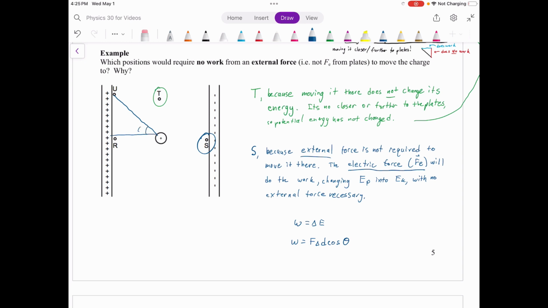So if that were the angle we were applying the force at, like that, only this part is doing the work to move it to a place where it has more energy. This part is doing nothing. And that's why the cosine of theta pops up. Because if we took this force and multiplied it by the cosine of theta, we'd just be finding this component of it. The component that's actually working to move it this way and change its energy. The component that's moving it that way is not changing its energy and not doing any work.